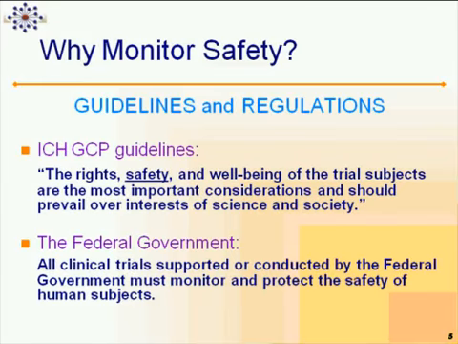This is also further discussed in ICH guidelines, which are international in scope, dealing with the European Union, United States, Japan, Australia, and multiple other countries as well. In addition to the federal government, for NIH-funded trials, there is the need to monitor and protect the safety of human subjects.